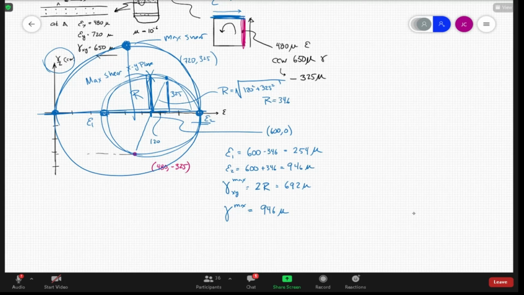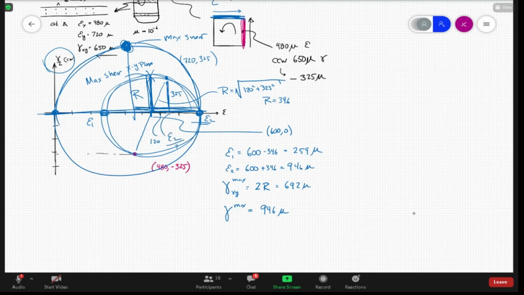This strain value here, if you want me to figure out the number, is going to be equal to this radius.